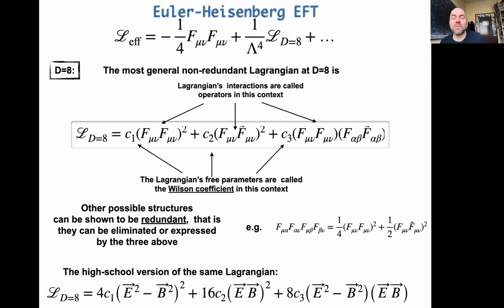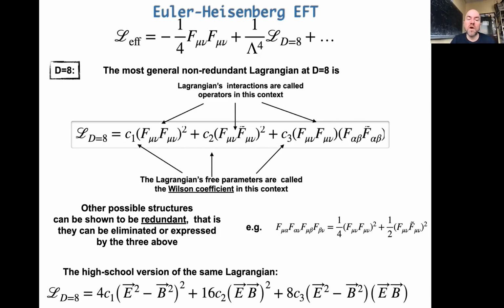So we have to go to dimension 8, and then at dimension 8 we do find that there are possible interactions. At dimension 4 we had F mu nu squared as a possible term that obeyed all the rules. So if we just square it, that is also a legal term.